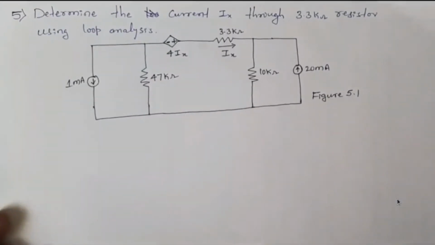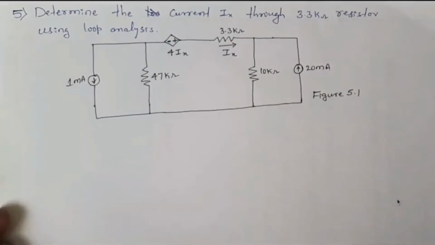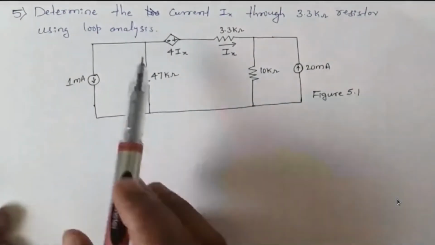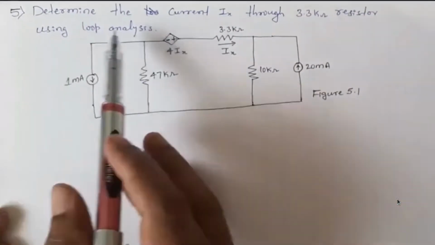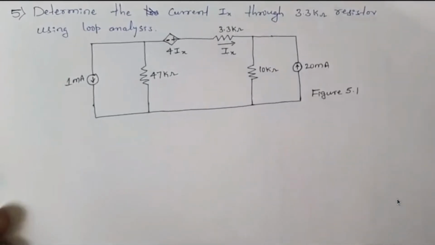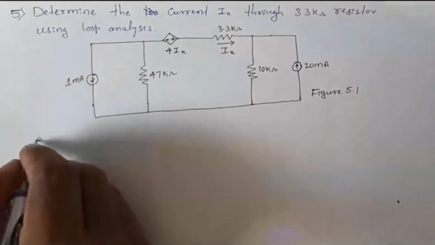So the next question is using a dependent source; we'll solve some questions. So far we have considered only independent sources. Let me consider a dependent source here. Determine current Ix through the 3.3 kilo ohm resistor using loop analysis. Let us start the solution.